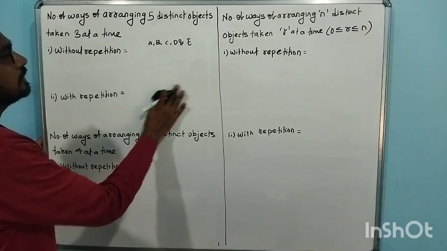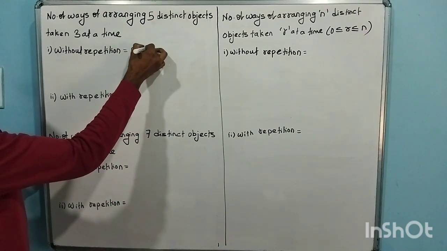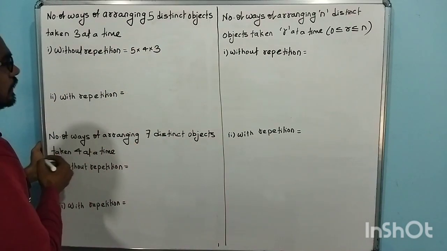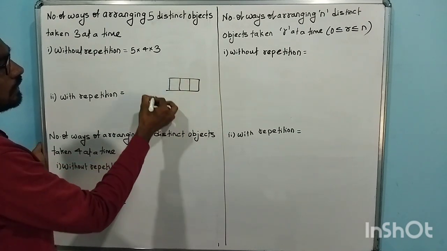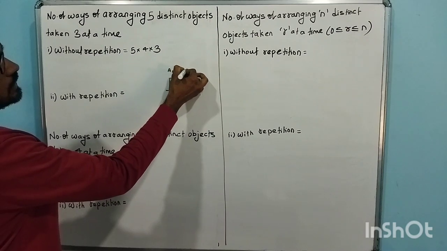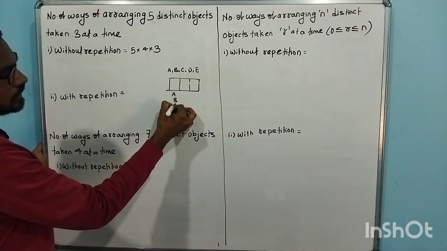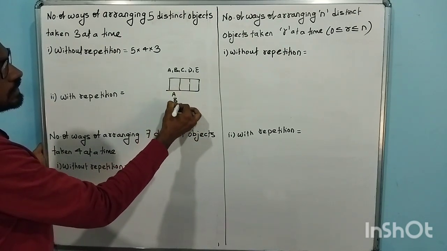And next, with repetition, means if repetition is allowed, then what is the number of ways? First we'll just take A, B, C, D and E only. So for the first place there are 5 choices and we select any one of these.